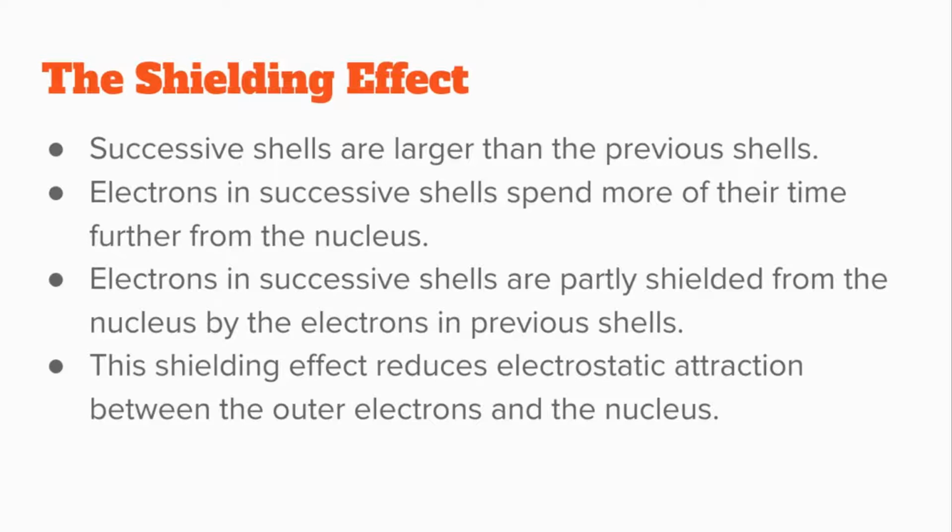We call that shielding. The electrons in the outer energy levels are shielded from the nucleus by the electrons in the lower energy levels. In general, the overall attraction for those outer electrons from the nucleus is reduced.